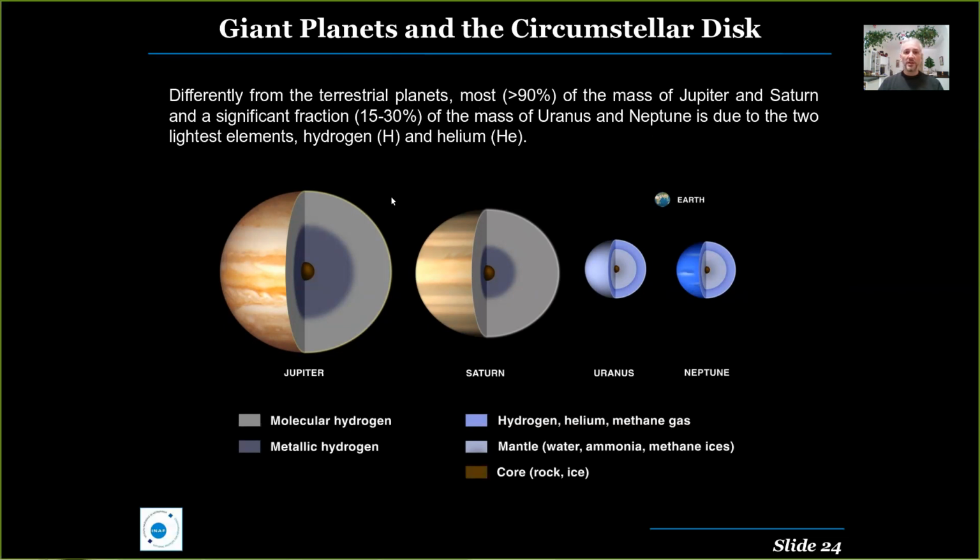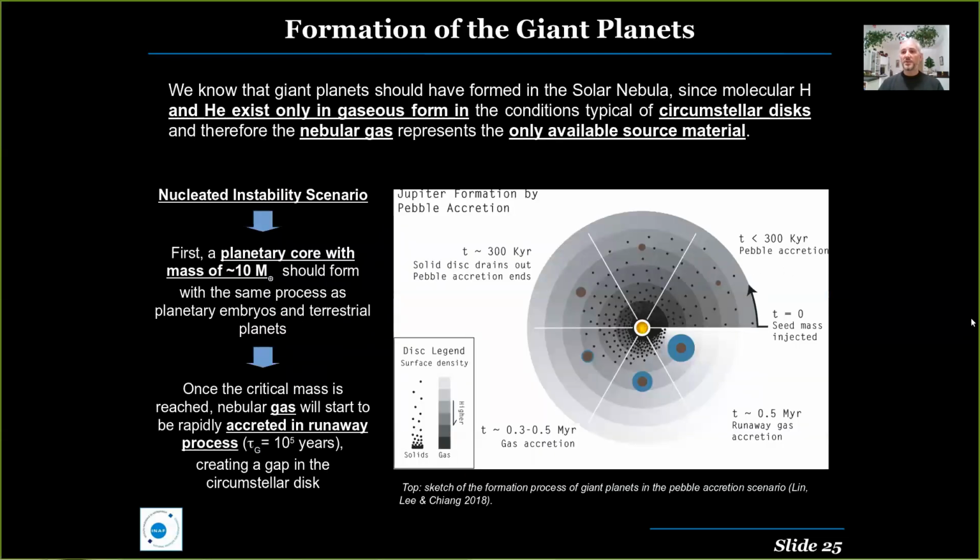Part of them is contained into, for example, ammonia and water, but because the abundance of hydrogen and helium is much higher than that of the other elements, the vast majority of these elements remain always in gas form in the disk. So, the giant planets should form before the dispersal of the disk, because otherwise, since hydrogen and helium don't condense in the conditions of the protoplanetary disk, there are no sources of hydrogen and helium available for the planets to accrete after the dissipation of the disk.